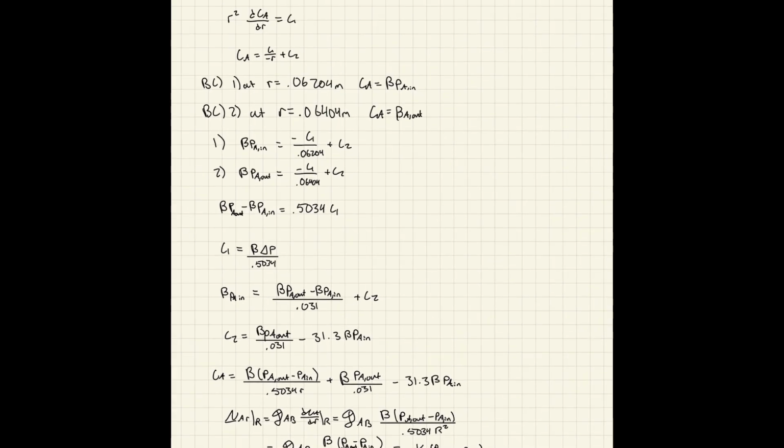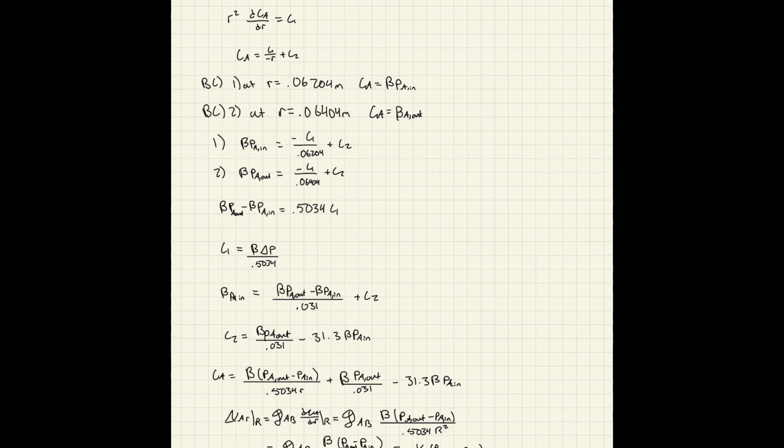This allows us to find our constants C1 and C2, where we can now write the equation for concentration of A being equal to beta times partial pressure of A outside minus partial pressure of A inside over 0.5034 R plus beta partial pressure A outside over 0.031 minus 31.3 beta pressure of A inside.